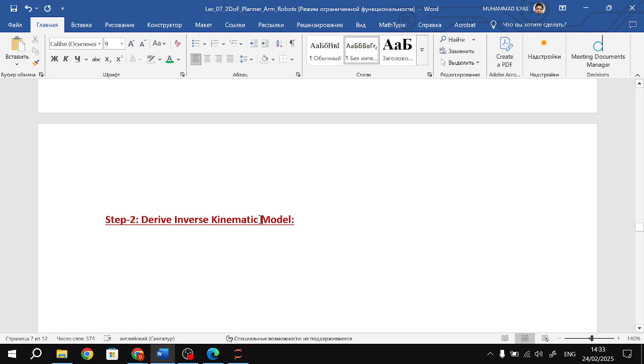So the inverse kinematic model, that is the second step. Inverse kinematic model means that you have your position and you find some function which will give you the joint variables.